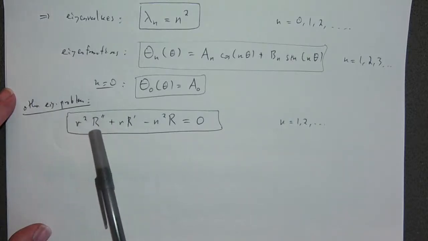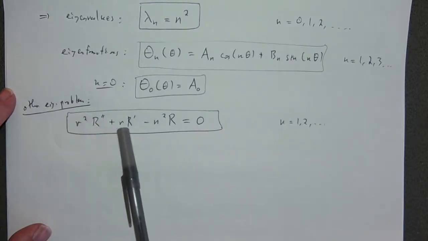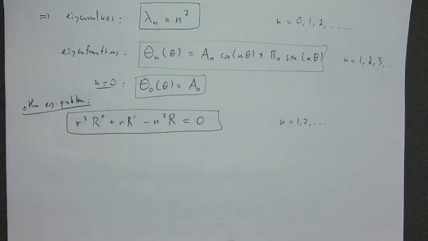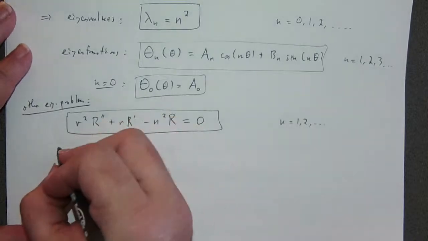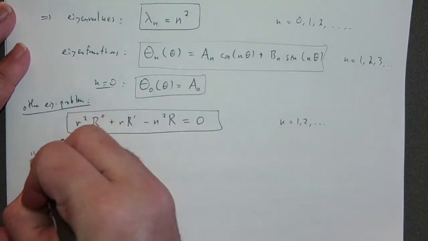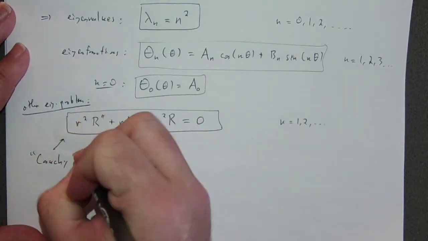So r squared on the r double prime term, r on the r prime term, and then there's no r showing up here. This is an example of what's called a Cauchy-Euler ODE.